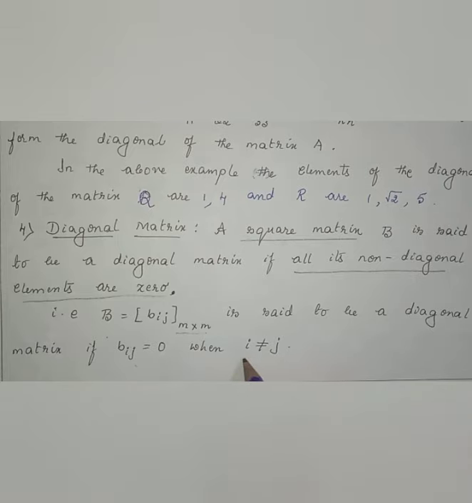That means i not equal to j indicates that the elements are other than the diagonal elements. If i is equal to j, then the elements are the diagonal elements, that is a11, a22, a33, etc. So when i not equal to j, Bij is equal to 0. So this is the definition of the diagonal matrix.